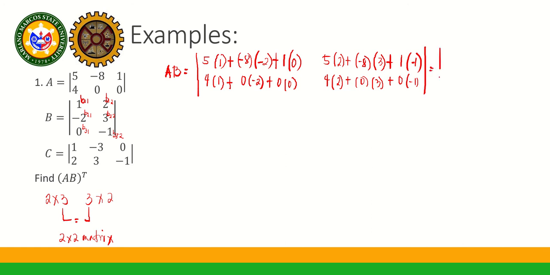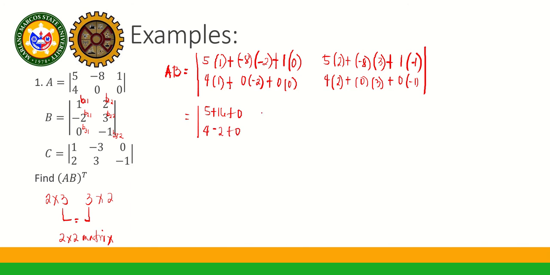So this will be equal to 5 times, that is 5. Okay, so here below. 5, negative 8 times negative 2, that is positive 16. Plus 16. And then 1 times 0 is 0. So 4, negative 2 plus 0.